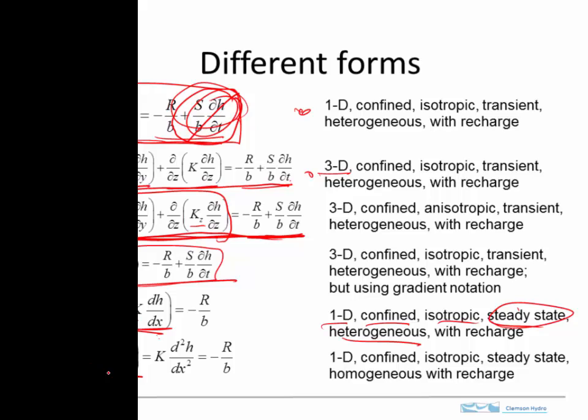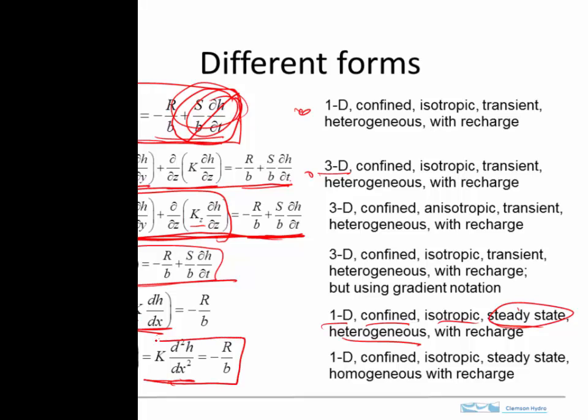And then the next thing we can do is realize that this is the gradient of the head in x, and this is the gradient that operates on the gradient, and that is the second derivative when you have the gradient of a gradient. So this thing here we can write like that. So this last form is the simplest of all.